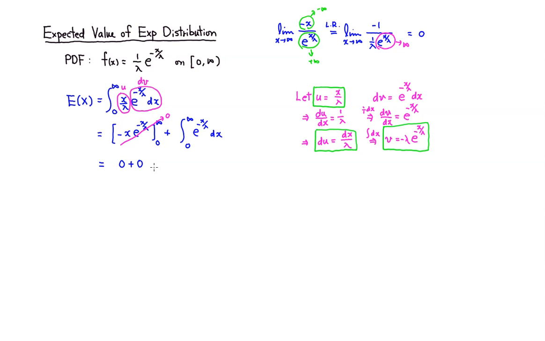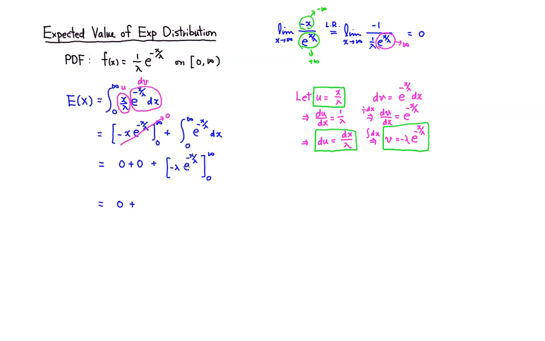Then plus the antiderivative of this guy: e to the negative x over lambda times negative lambda, going from 0 to infinity. If you let x go to infinity, e to the negative infinity goes to 0, minus, and with the negative sign it becomes plus.